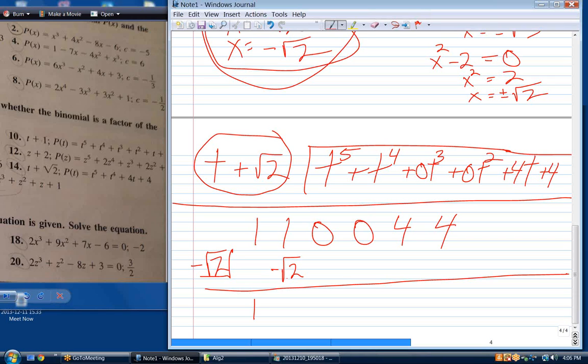Then I add these two. That's the solution when I add them. You see what I'm doing? Yeah, I see this.